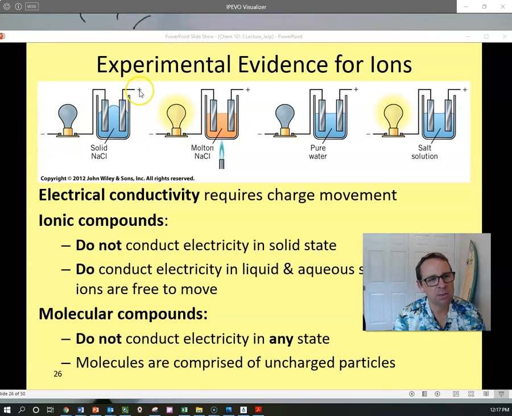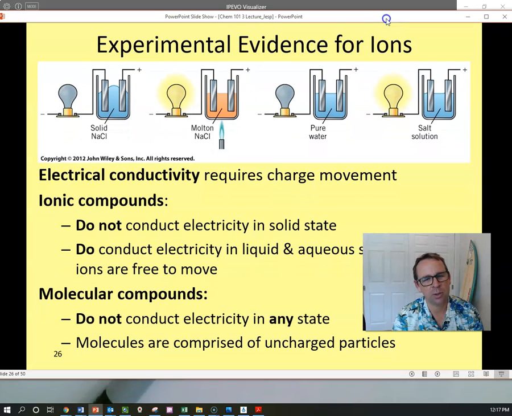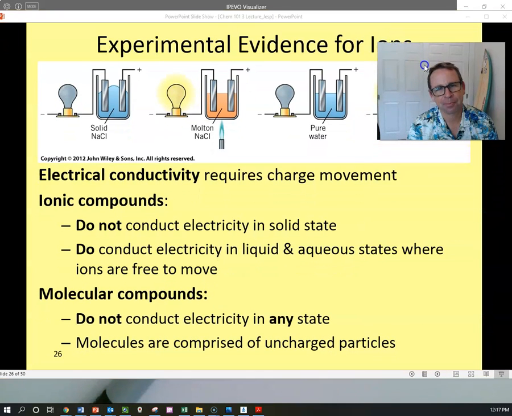The negative and the positive signs here are showing that we're providing electricity somehow. So this is evidence for salt or for ions. Those ions allow electrons to transfer back and forth. A salt solution makes the solution conductive. A molten sodium chloride solution also results in the light bulb lighting up, or a conductive pathway for electricity.